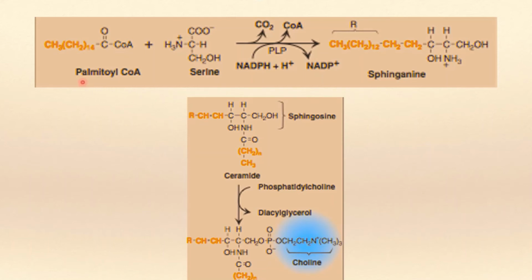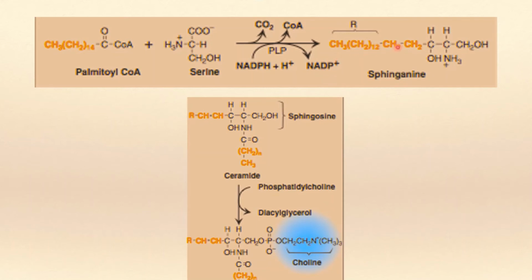First, palmitic acid, we have already seen the synthesis of palmitic acid, fatty acid synthesis. This palmitic acid gets activated to form palmityl coenzyme A, and it will combine with the amino acid serine, and it subsequently undergoes a decarboxylation reaction, and there will be a reduction utilizing NADPH plus H plus. This also requires pyridoxal phosphate, and finally we get the product, sphingosine.